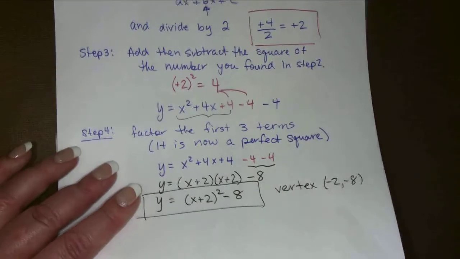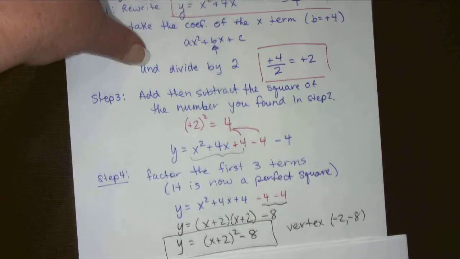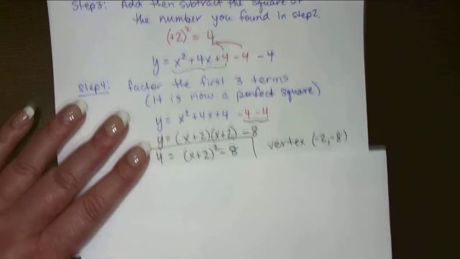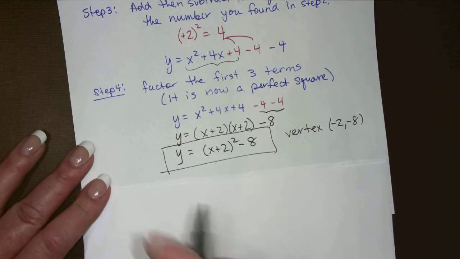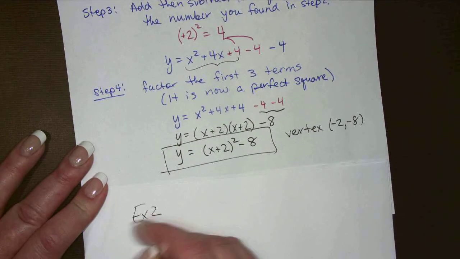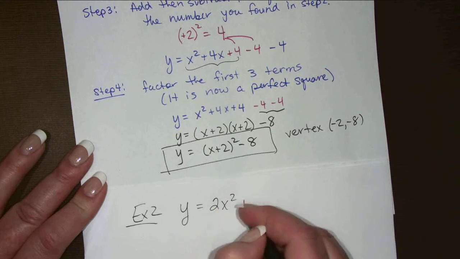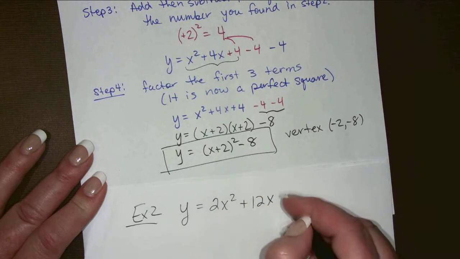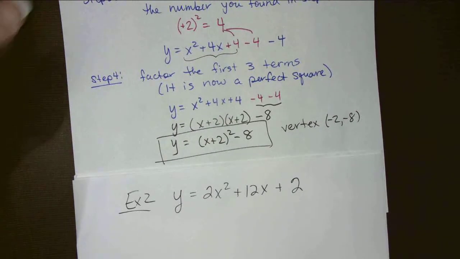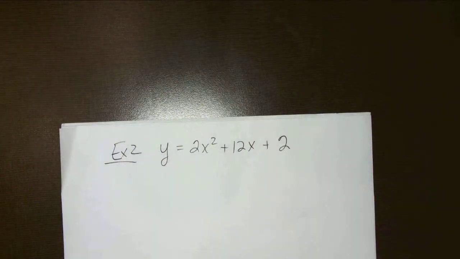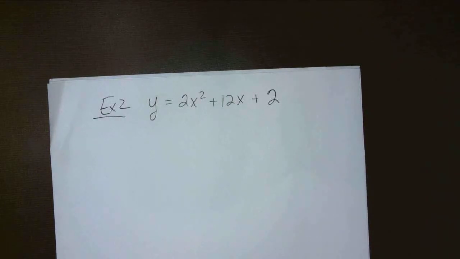So the second example, like I said, I'm adding a layer, a little bit harder, okay? So, example 2. Okay, so step 1 is still the same, just rewrite it with a space.